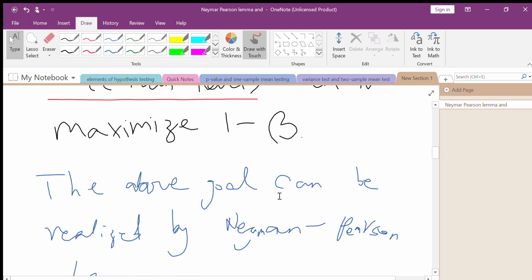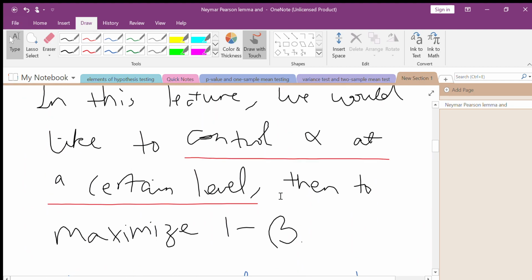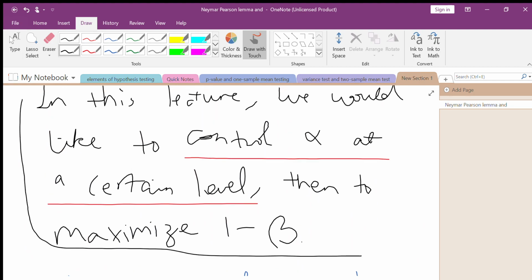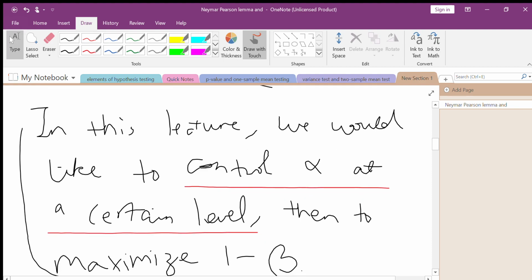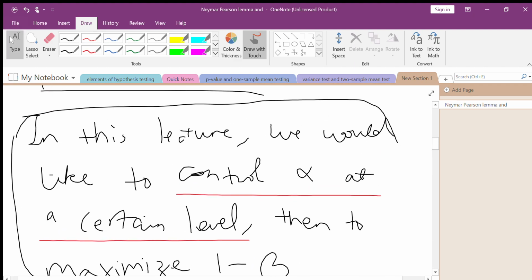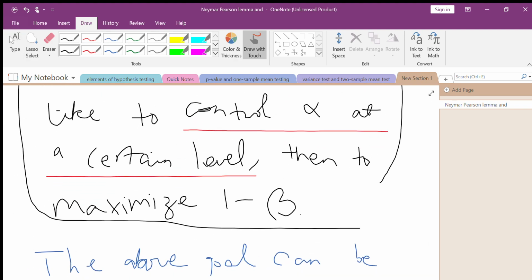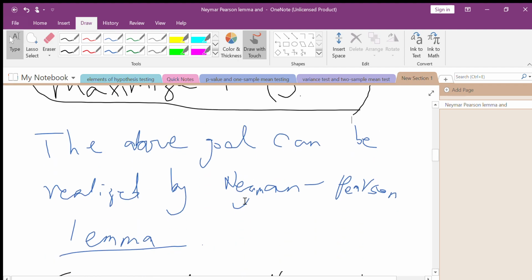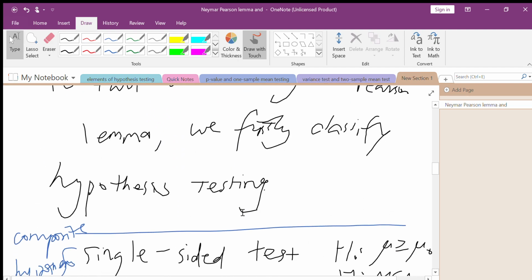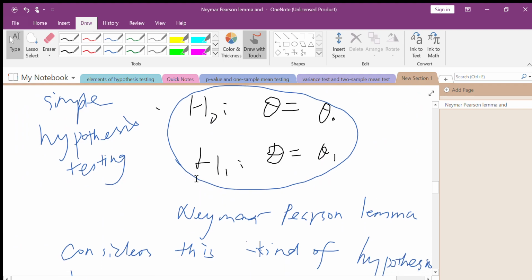By the Neyman-Pearson lemma, we have finished our goal for simple hypothesis testing, because the Neyman-Pearson lemma considers such simple hypothesis testing.